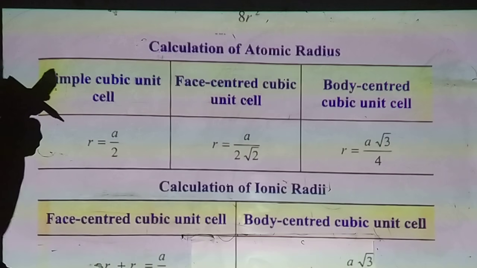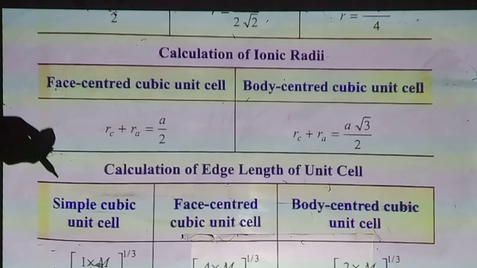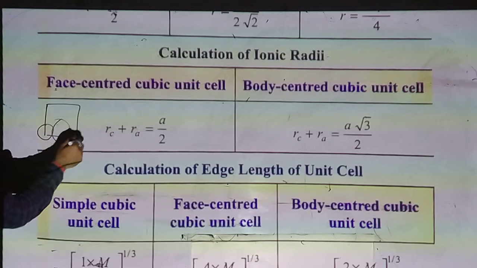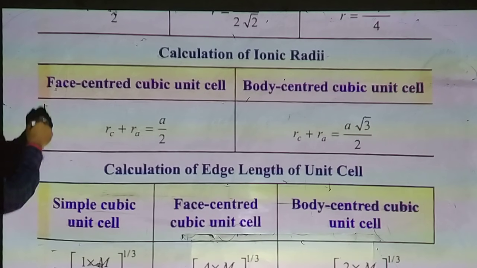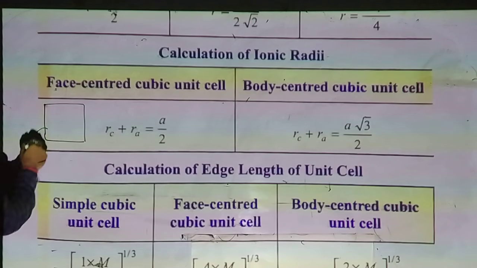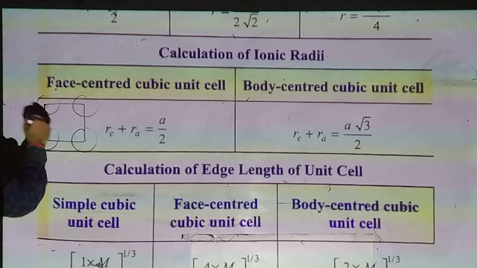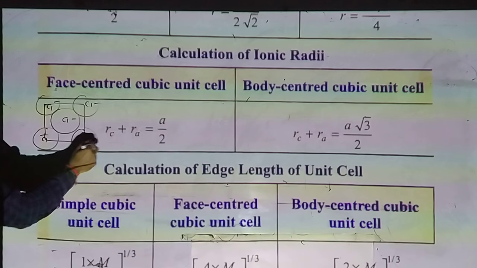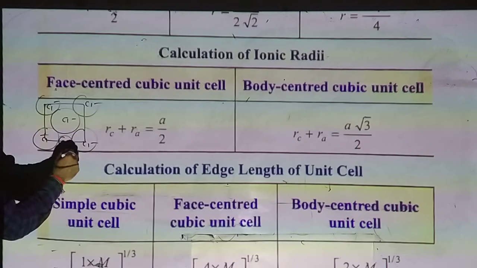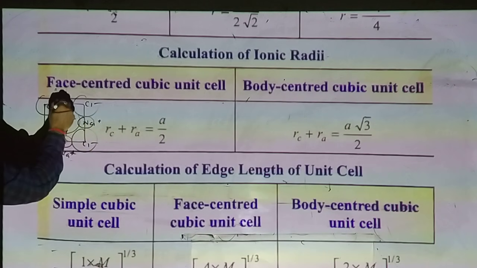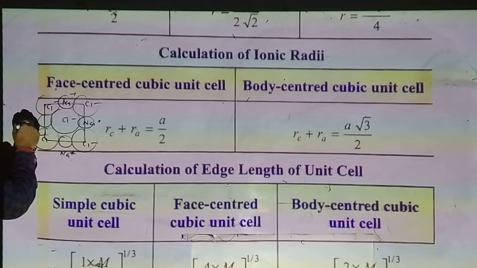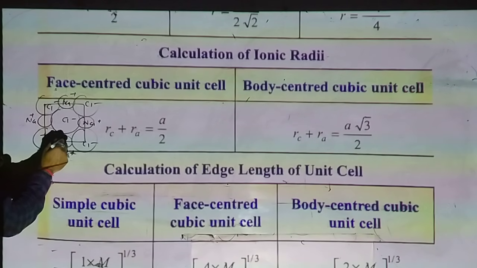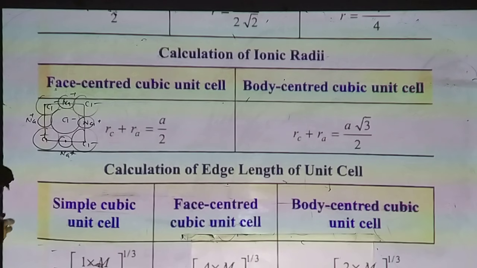But what about an ionic structure? In FCC, if our structure is ionic, negative ions are on the corners and face centers, and the positive ion is in the void, that is the octahedral void. You can see here our 2 negative ions are not touching, but 1 positive ion touches both negative ions.